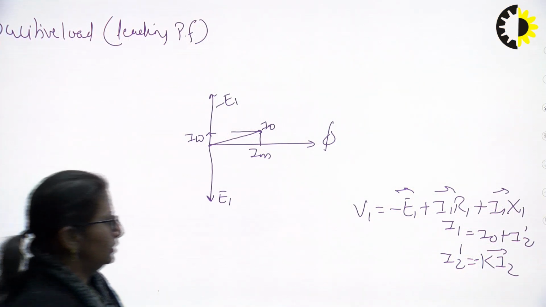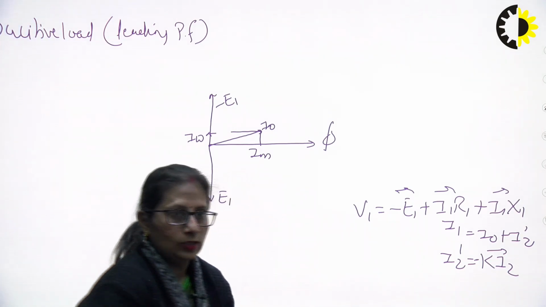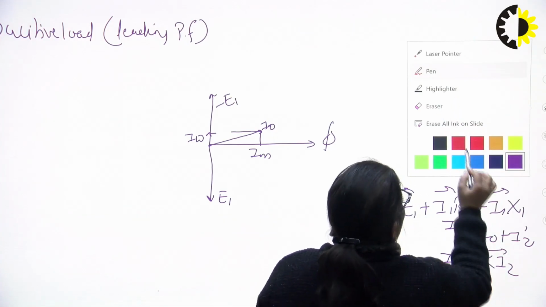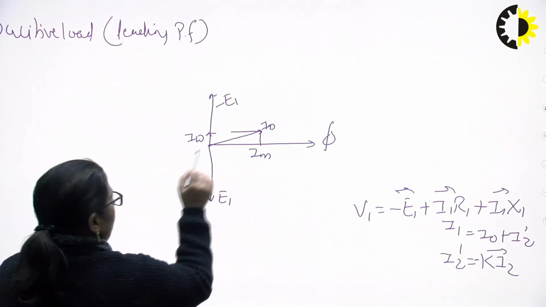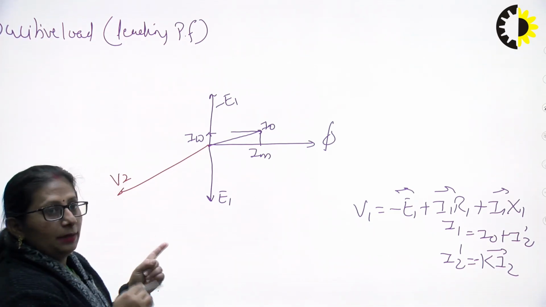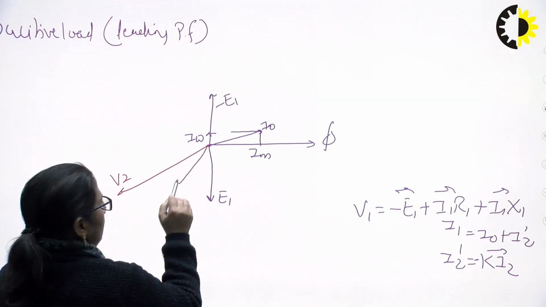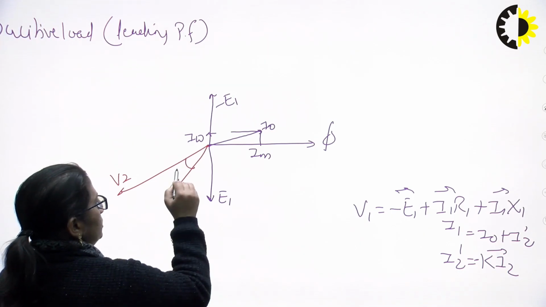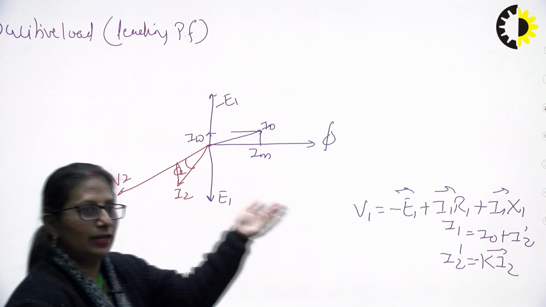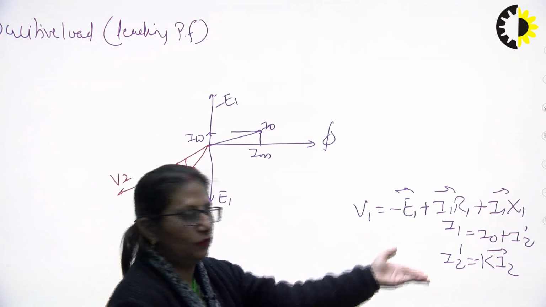If that is so, once again quickly plotting V2, where should be V2? Once again I am plotting it arbitrarily. Where should be I2? Now it is leading power factor, so the current would be leading the voltage by certain angle phi 2. If I2 is here, where should be I2 dash? It should be minus of K times I2.